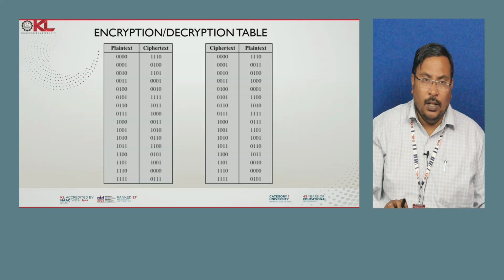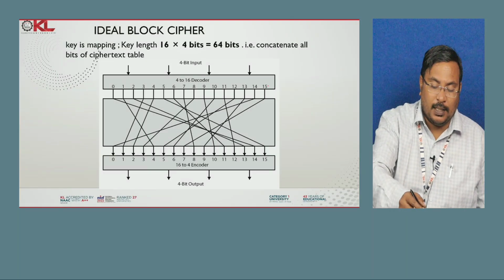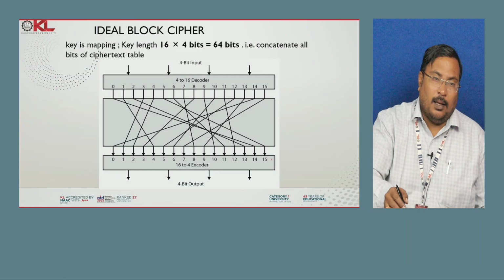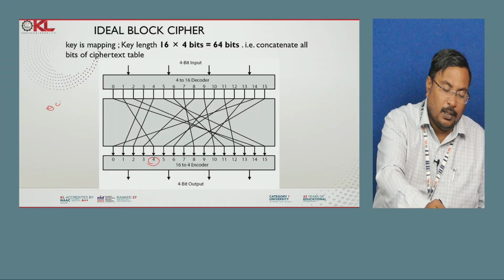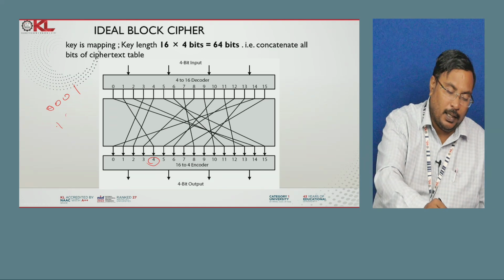Suppose if you take this diagram, in total we have 16 bits. 16 bits are mapped with 16 different bits. Suppose if you take the first bit, it is mapped with 4. So first is nothing but a 16-bit value, this is the one, and 4 is nothing but 0 1 0 0.